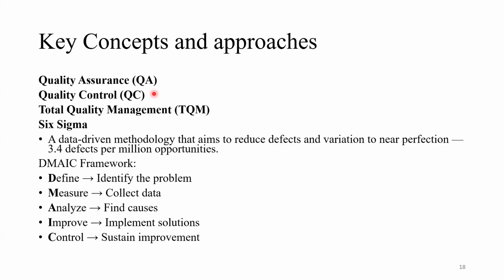They measure the current average, analyze the causes, and implement scheduling improvements, like having 2 or 3 doctors, and control by tracking future waiting times. So they use Six Sigma to identify the problem, like a high waiting time, so that they can reduce it.